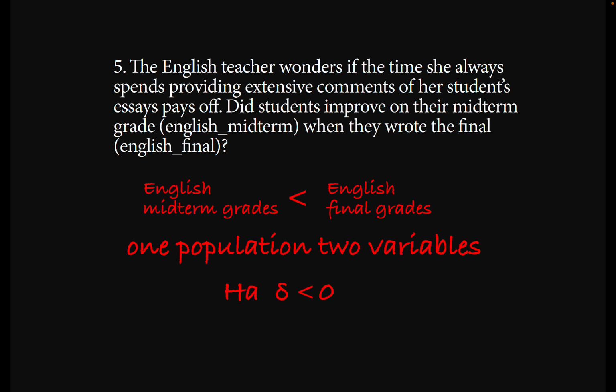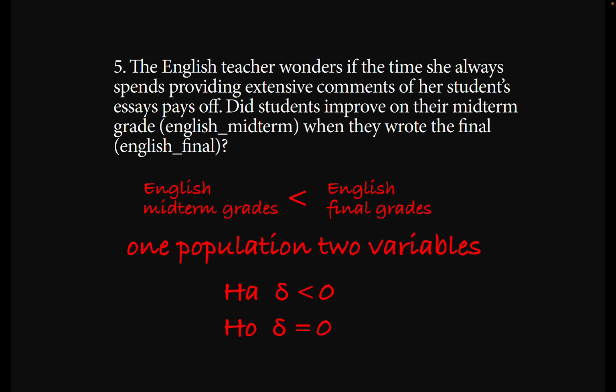My English final grades should be in the second column, so because I'm expecting on average that those grades will be higher, I can expect the difference to be negative. So that's why I'm having a delta smaller than 0, and of course my null is going to be that actually there's no difference, right? The overall difference is equal to 0.